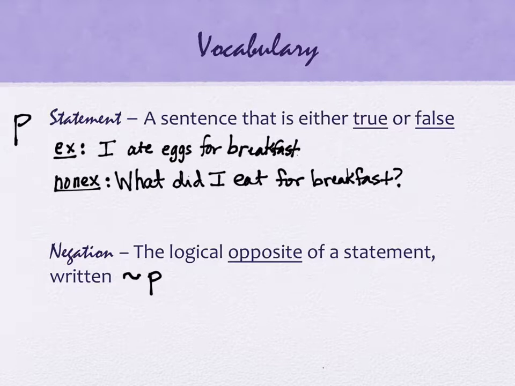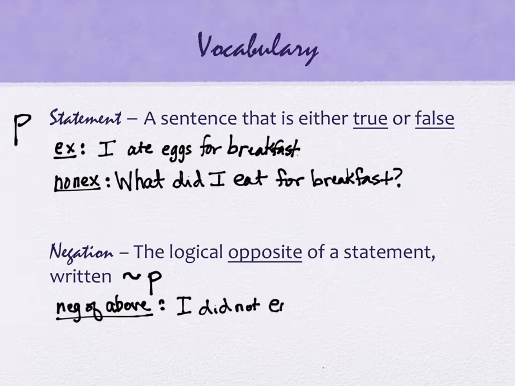We're trying to take what is said and take the exact opposite of that statement. Now, sometimes it's easy and sometimes it's not so easy. With my example above, it's pretty easy. So the negation of my above statement, I only have one statement up there, would be what? What would be the logical opposite of I ate eggs for breakfast? Right. I did not eat eggs for breakfast.